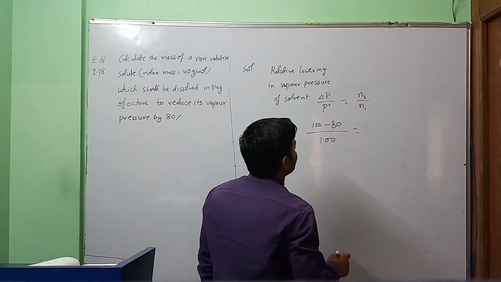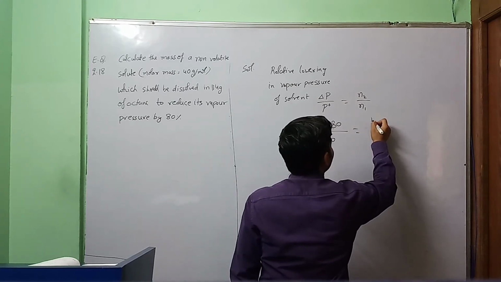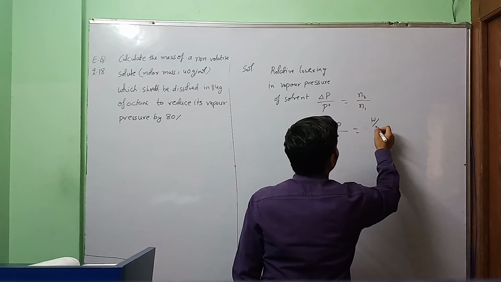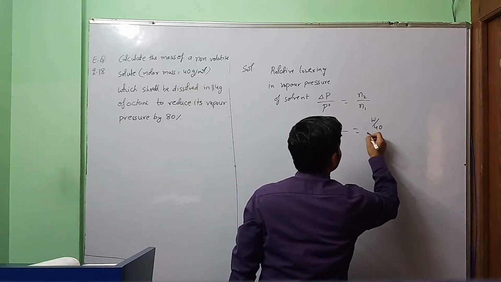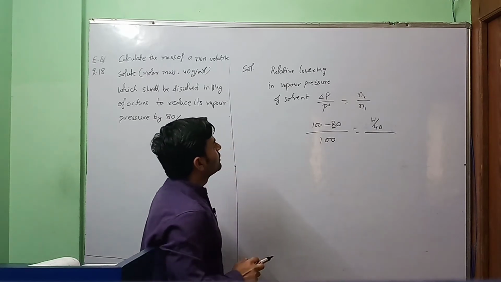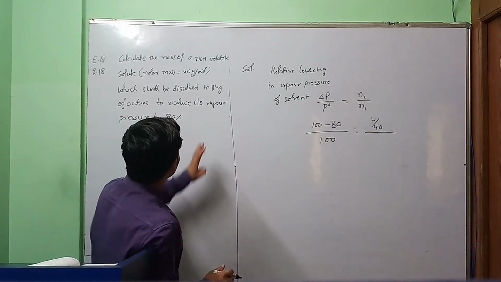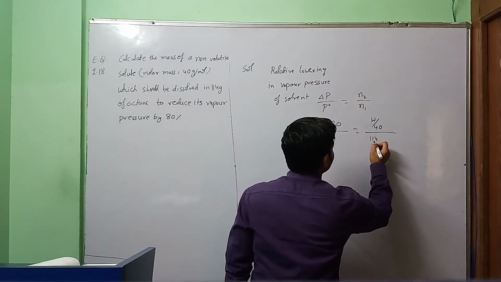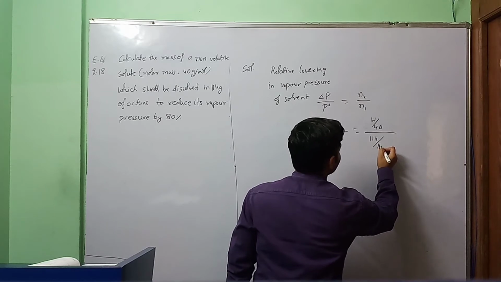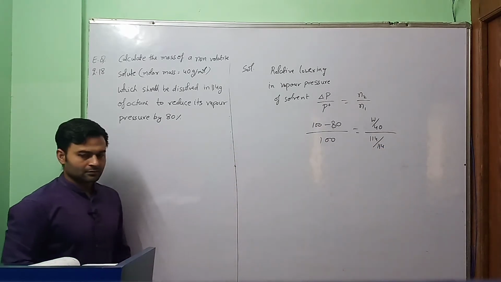N2 is number of moles of solute. So we have to find mass of solute, W upon molar mass. Molar mass is given, 40. So we are using 40. Then number of moles of solvent: mass of solvent is given 114 gram and molar mass of octane is also 114.